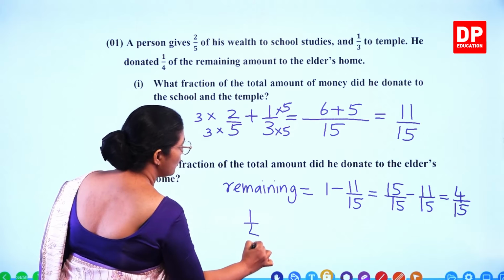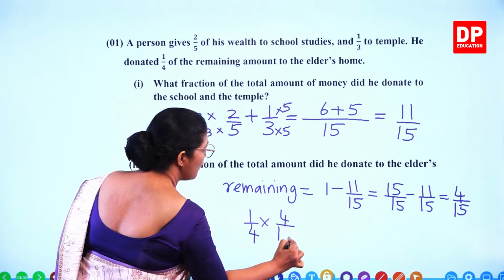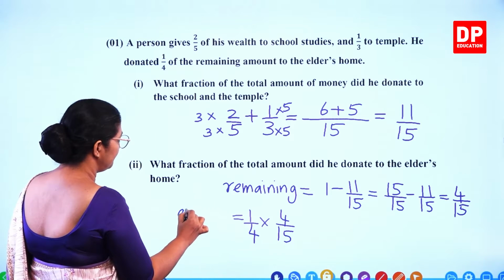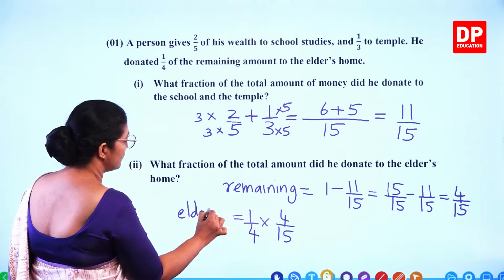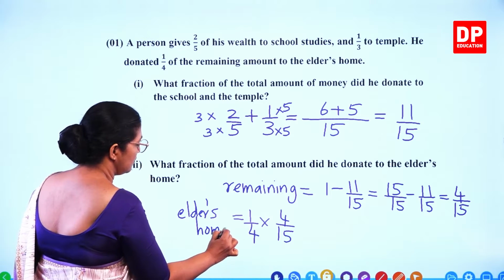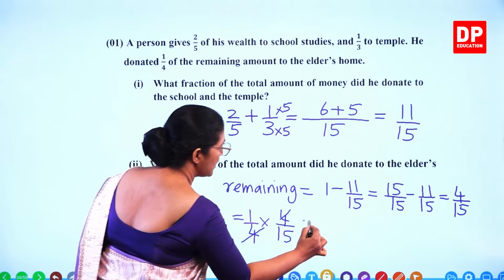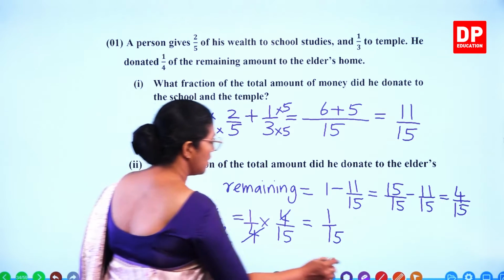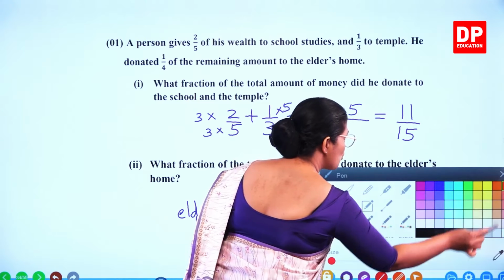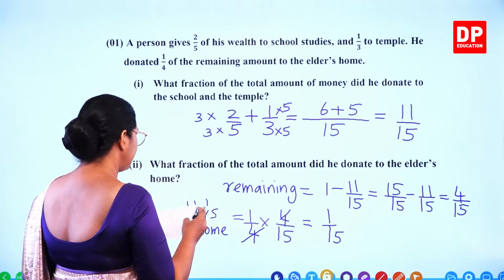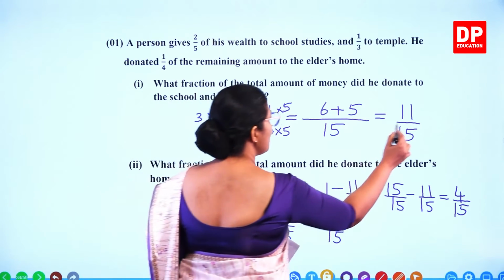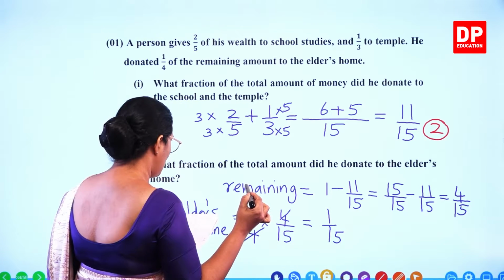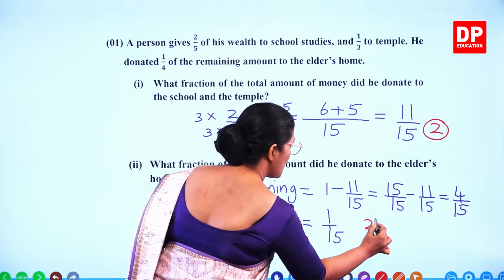So 1/4 of the remaining part, that's 4/15, is for the elders' home. So 4 and 4 get cancelled out. That's 1/15. So how many marks for these two parts? You are getting 2 marks for the first part and 2 marks for the second part as well.